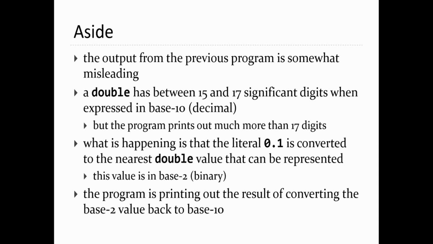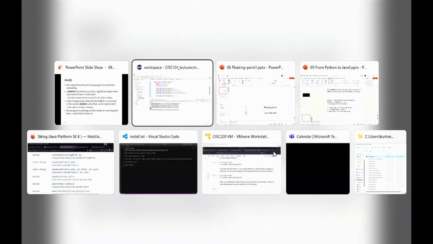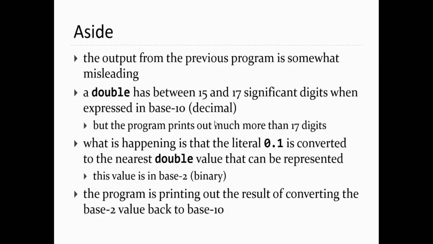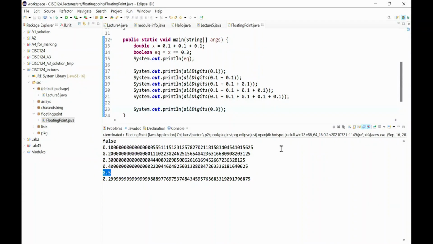Okay, so that output I just showed you is actually a little bit misleading. If you are trying to write a program and you think you need the exact value of a double number, or if you seem to think that you need lots and lots of significant digits, then writing something like that doesn't actually do what you want it to do.